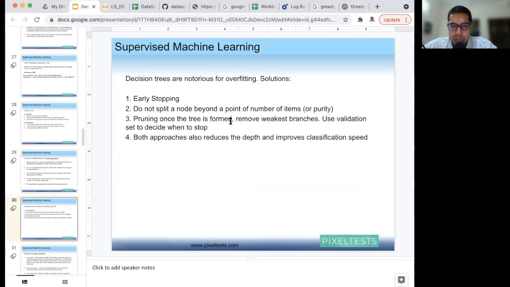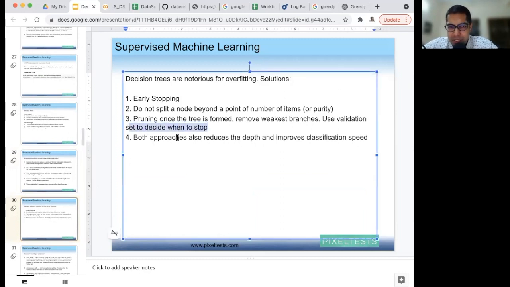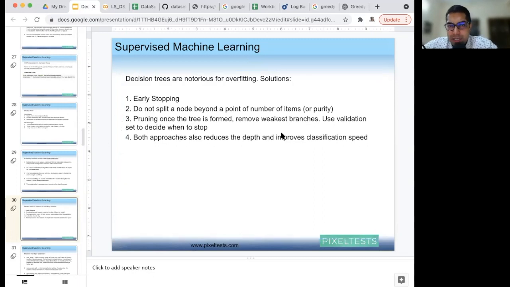We'll see all these small tricks. Once the entire tree is formed, you can also remove some of these branches. Very rarely used. I don't use it too much because once the tree is formed, my problem is it has already used all the memory. Both approaches reduce depth and improve classification speed. You can also use a combination of these. We'll see all of that.